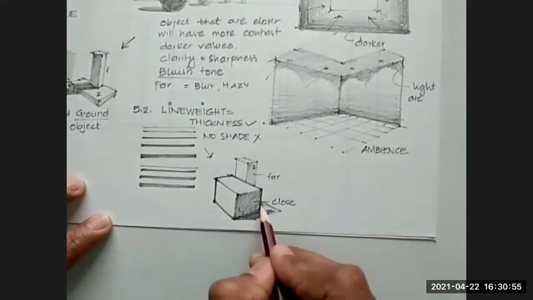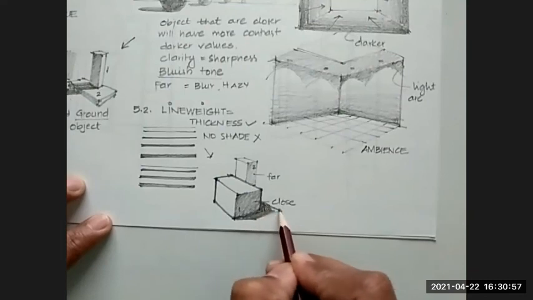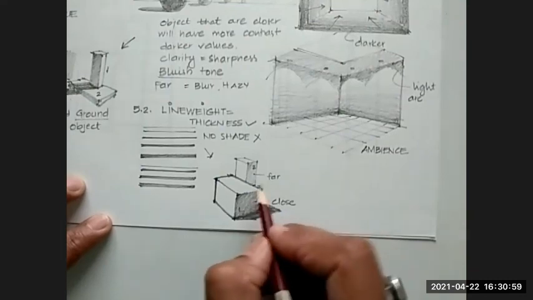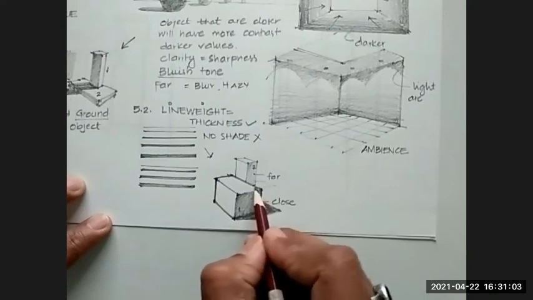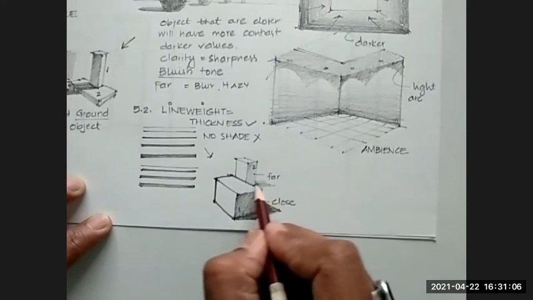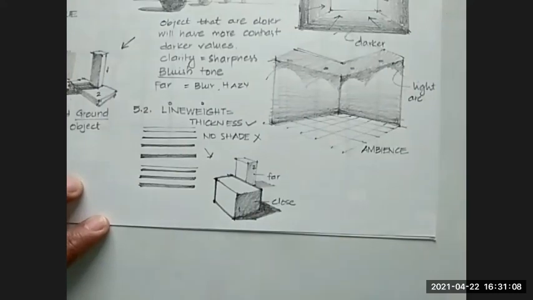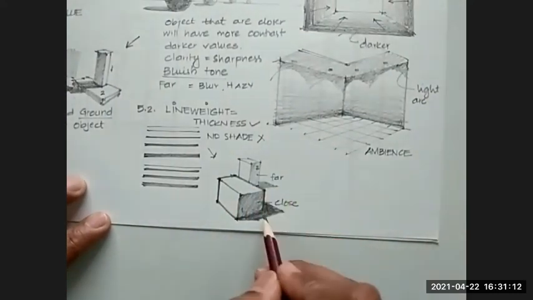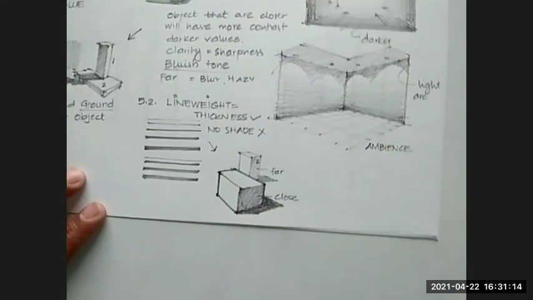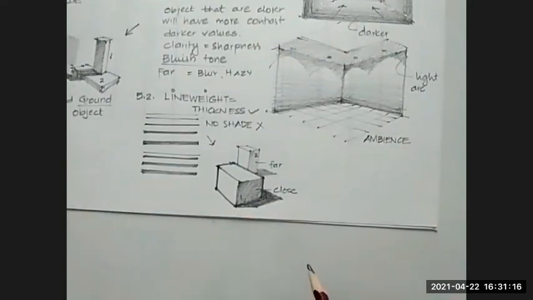Shadow, I will do it darker here, and shadow here also. So I am showing some gradation in the shadow shade. I am showing some gradation in the shadow of the front object.